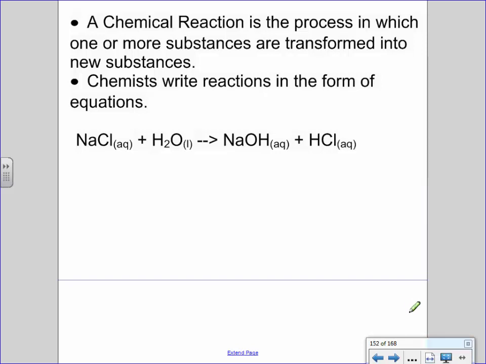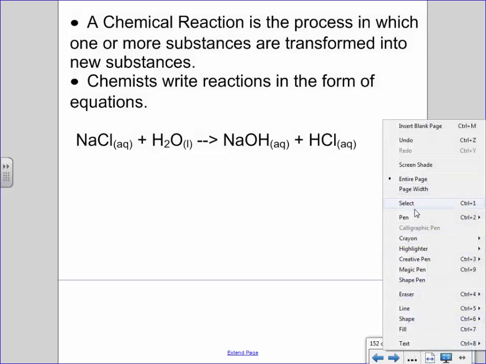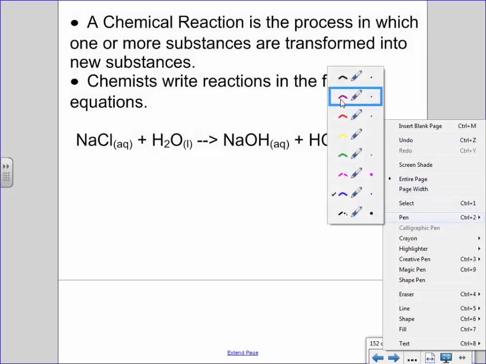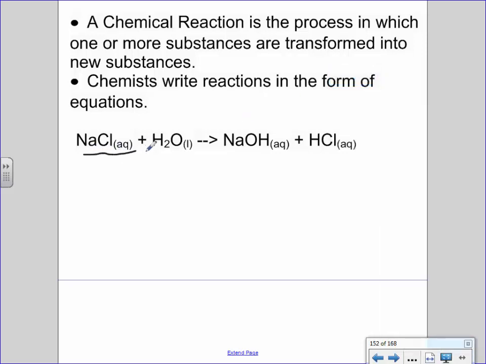Now, one of the two goals I have for you today is to know on paper how we look at chemistry notation and recognize a chemical reaction. This would be a great example of one. So let me just start doing some highlighting. Where's my pen? Here it is. This would be a good example of how we would write a chemical reaction on paper. And it looks something like this.